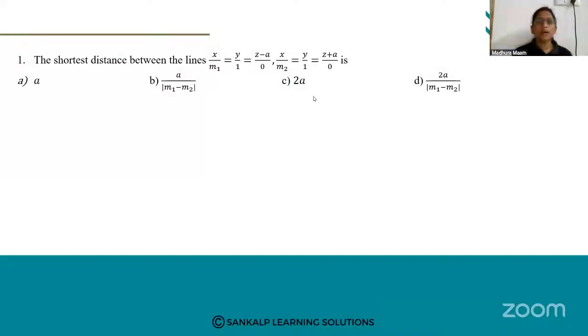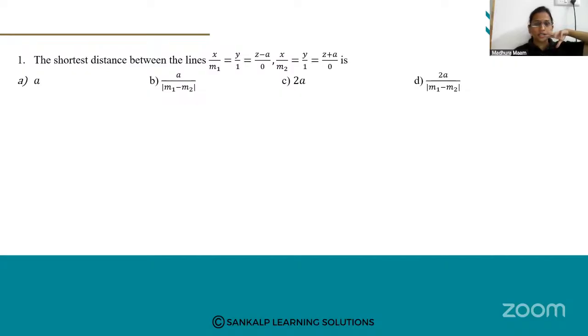Okay. So, because this is a very easy question, the shortest distance between the lines. Okay. So straight away, lines x minus 0 by m1, y minus 0 by, z minus a by 0.